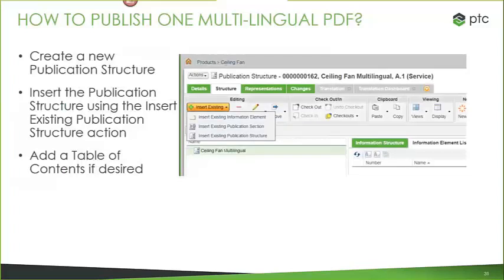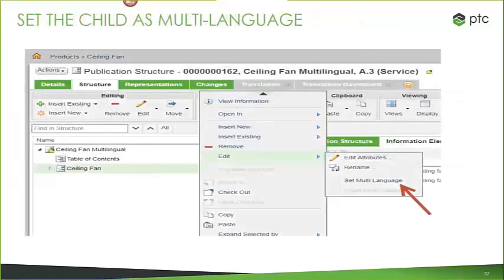Now, when we do the Publish job, we bring up the Publish dialog box again. And then in the Set Languages, you see we've got English first and then German, and it will respect the order that you put those in. And then we click on Multilingual Output.